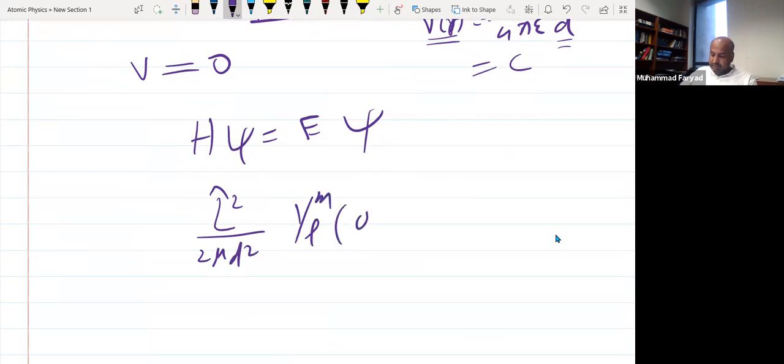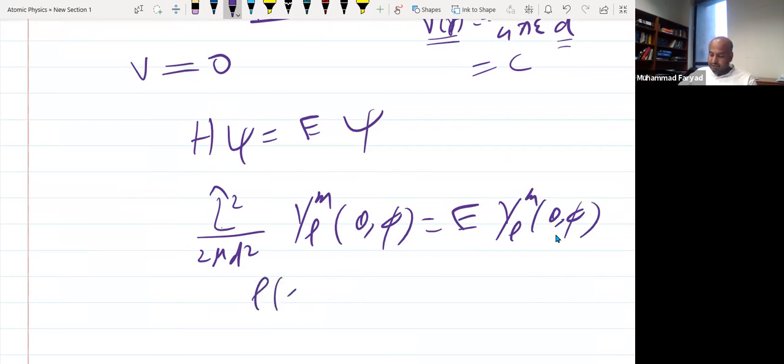And this psi is just Y LM of theta, phi. When L square applies to this, it gives us L into L plus 1 times h-bar square over 2 mu D square, and we can then cancel YLM from both sides.